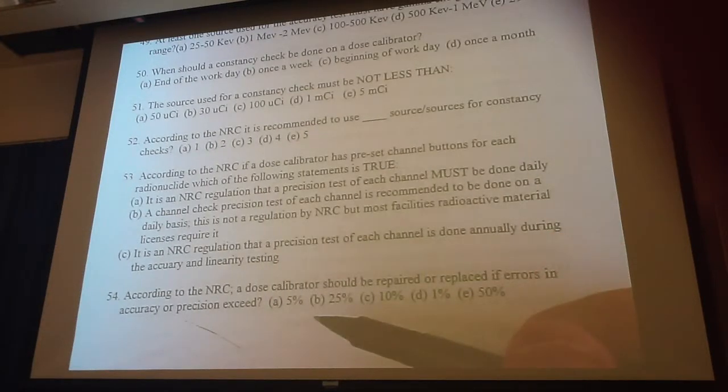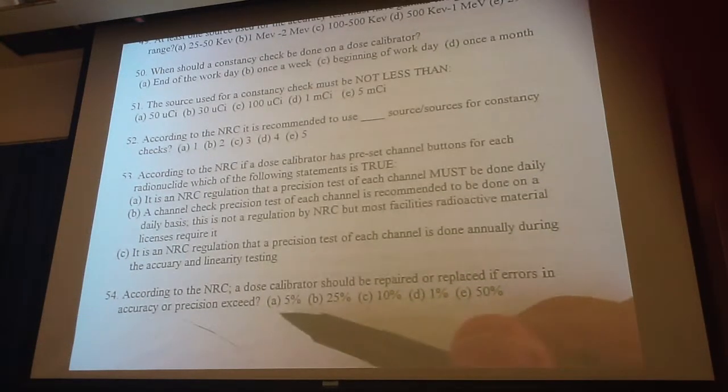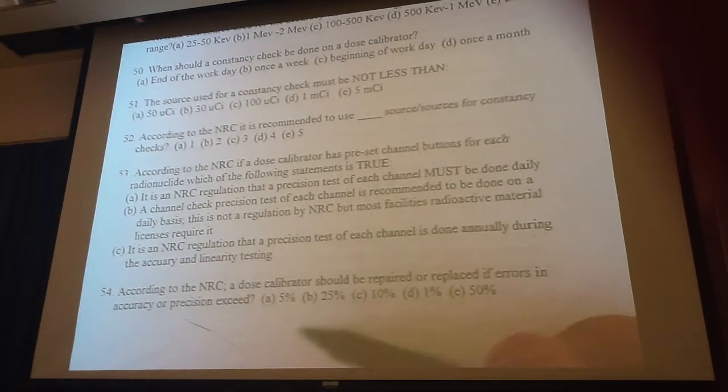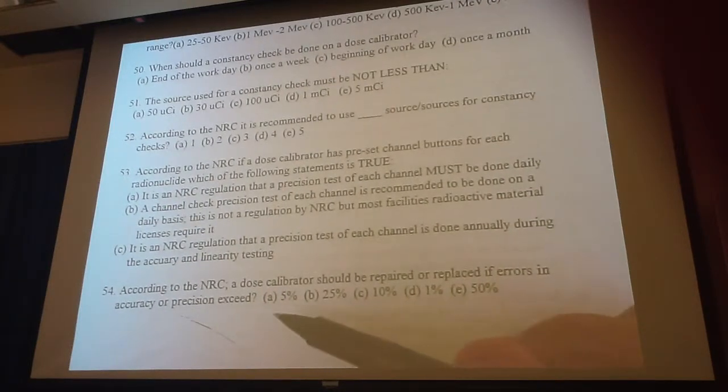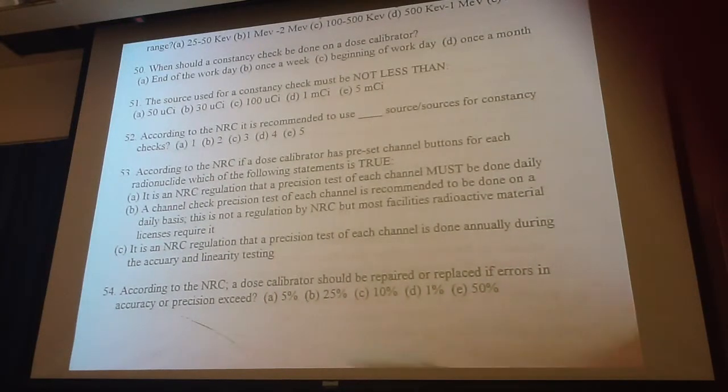Okay, to get the last one right, I'll give you a break for a few minutes, and then we can get ready to start on the other one here. According to the NRC, a dose calibrator should be repaired or replaced if the accuracy or precision exceed more than what? 10%. Okay, letter C. And that's in your math book, too. Okay, why don't you take a short break.